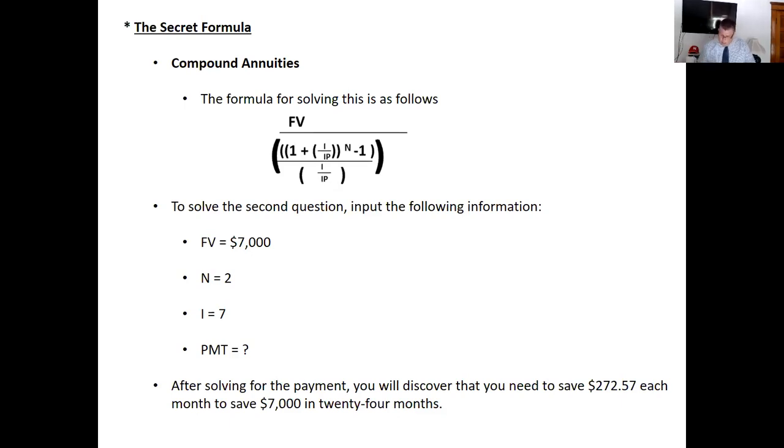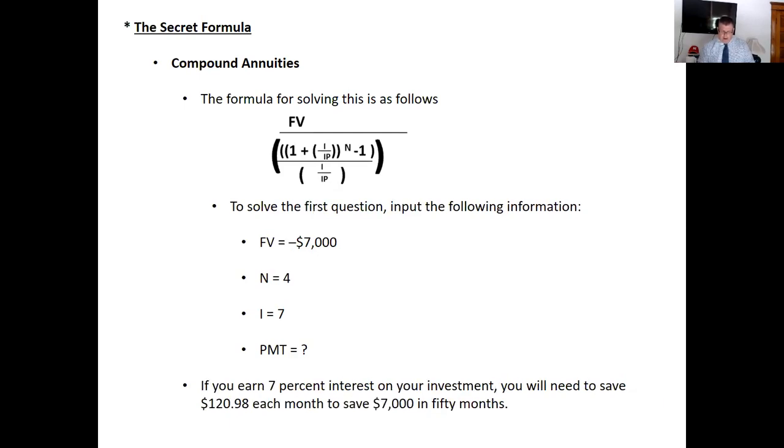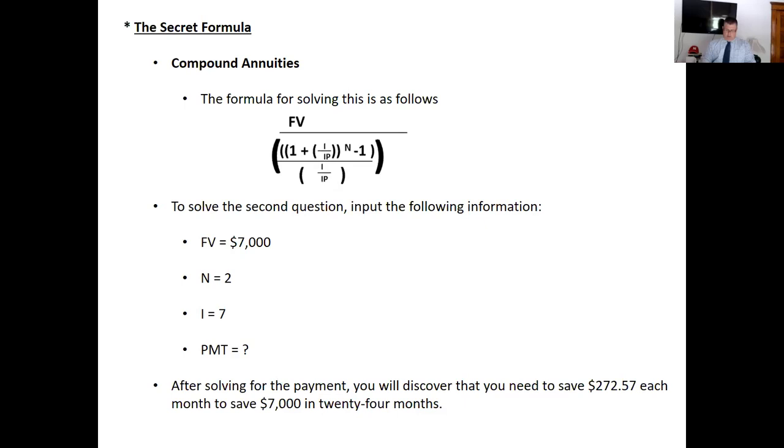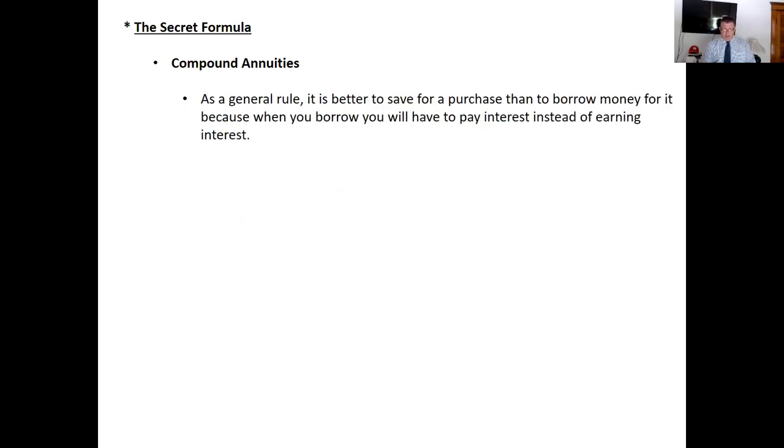So if you're willing to wait, there's a significant savings here. If you want to get it in 2 years, you're going to spend a lot more money, notice, than if you waited 5 years, or close to 5 years, by about $100 a month that you won't have to pay for it. So as a general rule, you can see the savings.